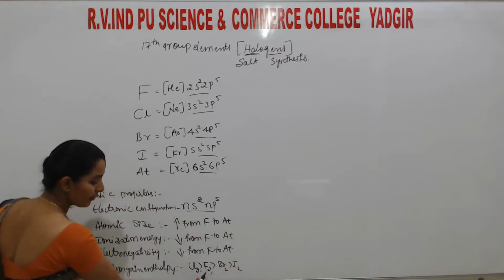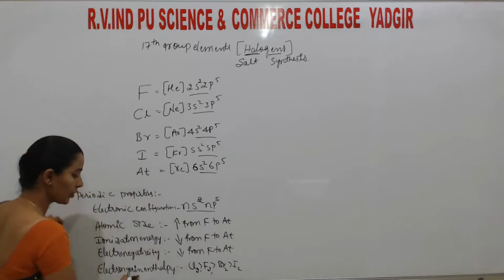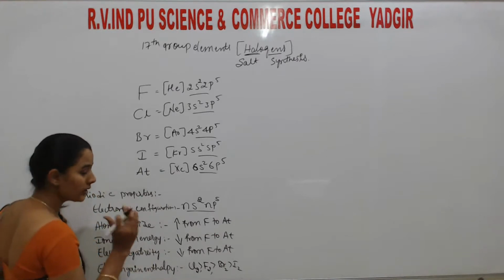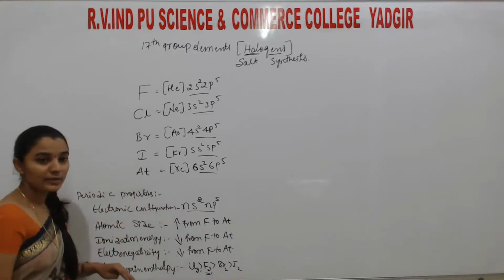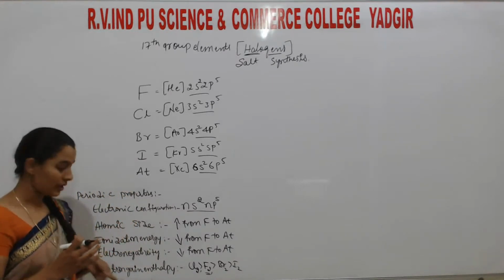Understand? So instead of fluorine, chlorine has the highest electron gain enthalpy. The reason is that fluorine is smaller in size, and smaller size means great repulsion.